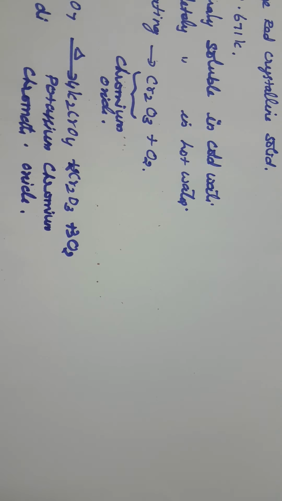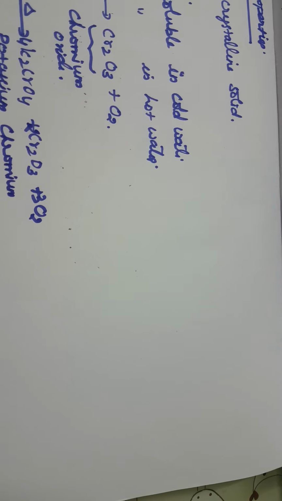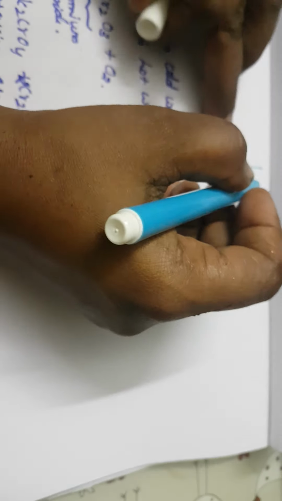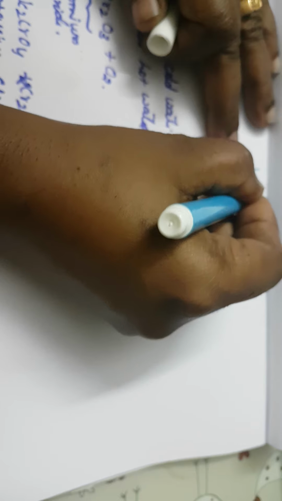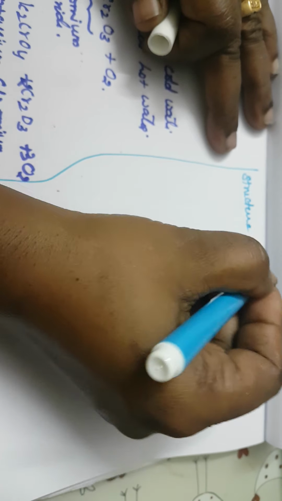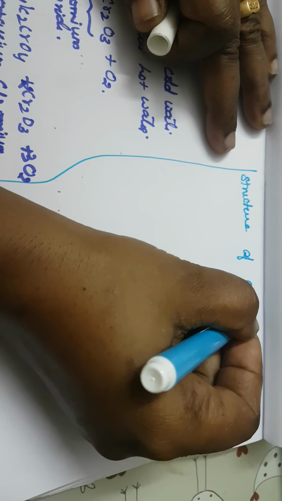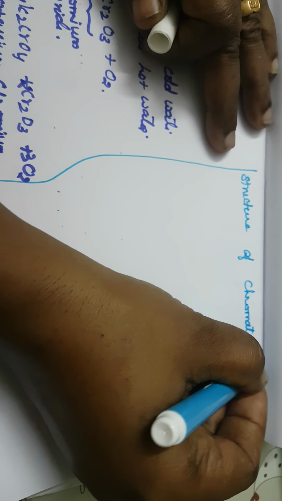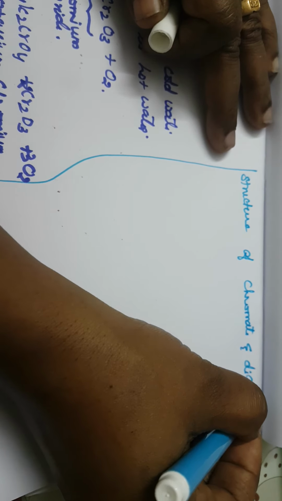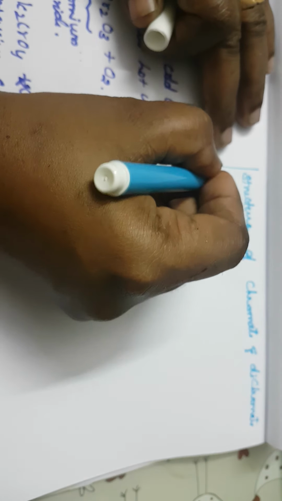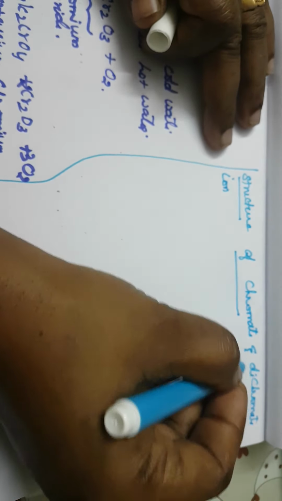Next one is the structure of chromate and dichromate ion. First one, what is the chromate ion?